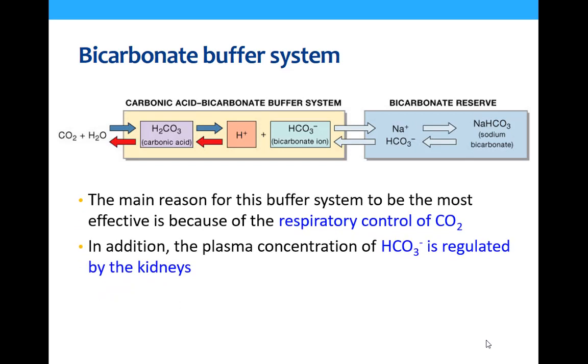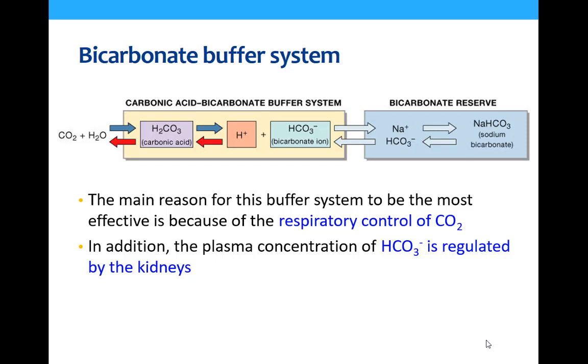Now the main reason for this buffer system to be the most effective is because of respiratory control of CO2. You see CO2 is listed over here, right? So the lungs can actually fine tune the CO2 in the blood. It is very robust because of two reasons. Number one is pKa is just right, 6.1.